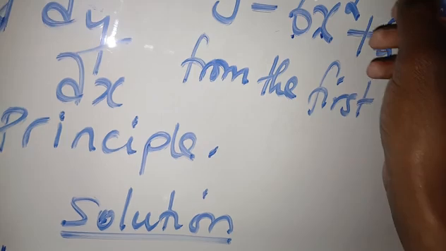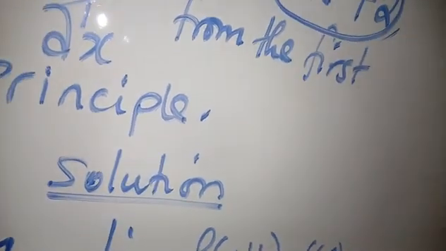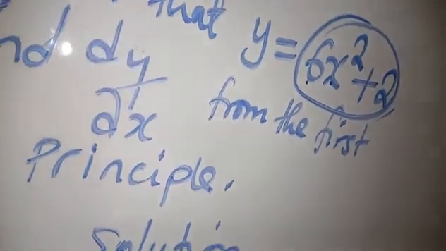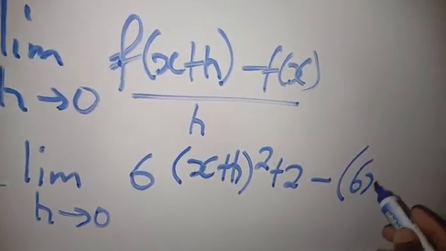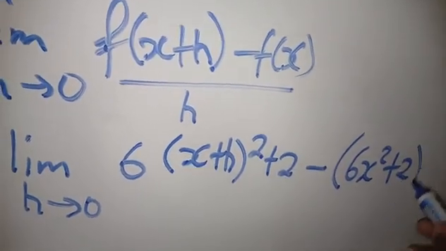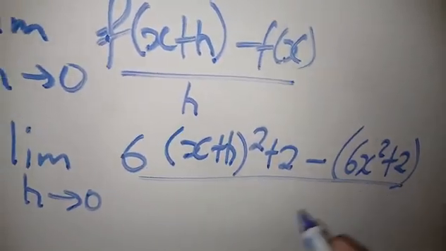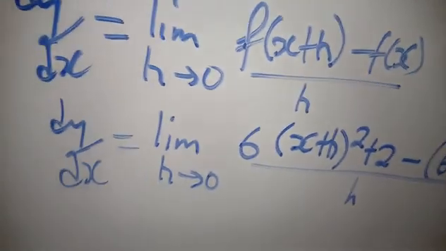So f of x is this function here, which is 6x squared plus 2. So minus (6x squared plus 2), divided by h.